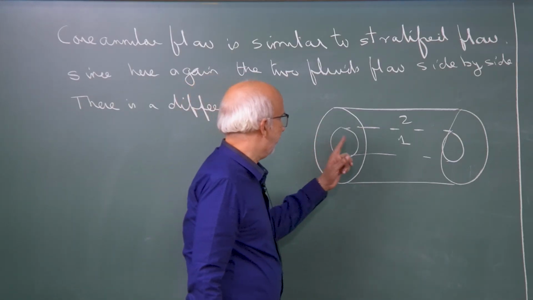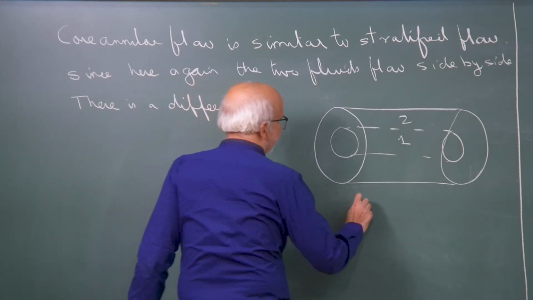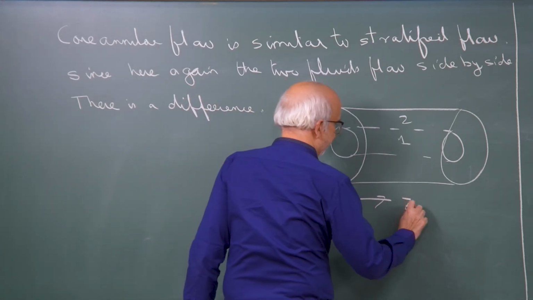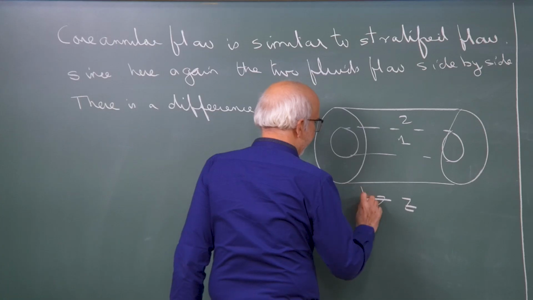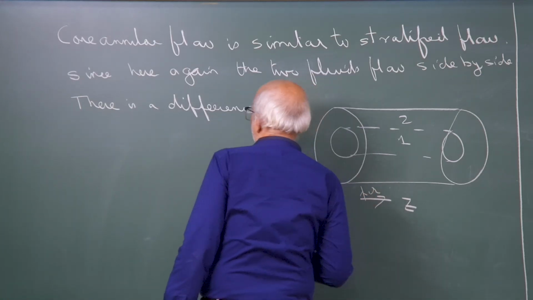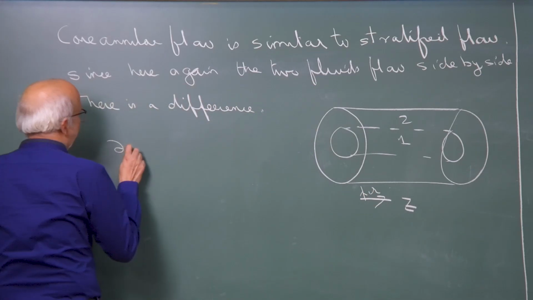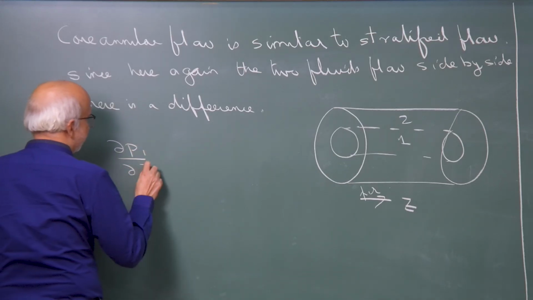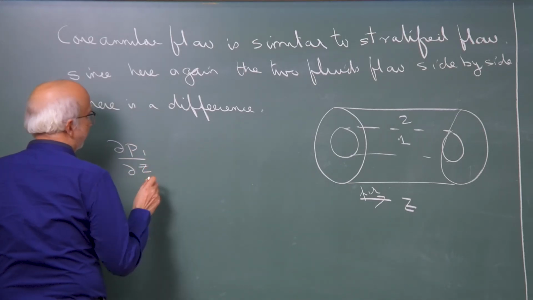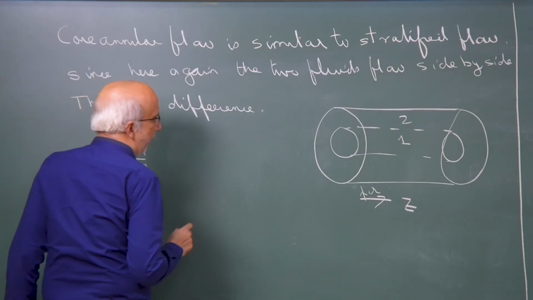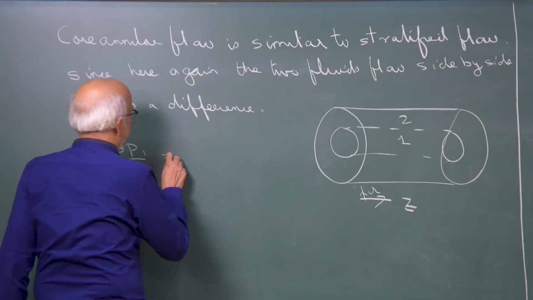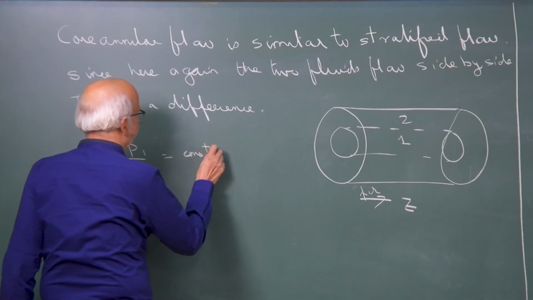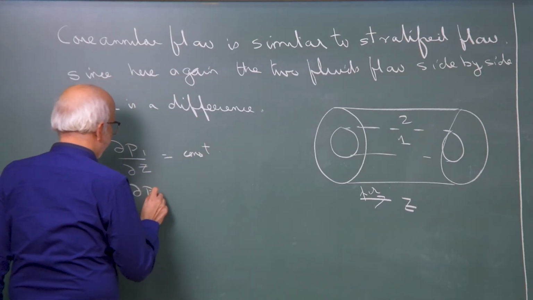You can again calculate that this is the z direction and this is the radial direction. You can simplify the Navier-Stokes equations like we did last time and show that dp1 by dz is constant, dp2 by dz is constant.